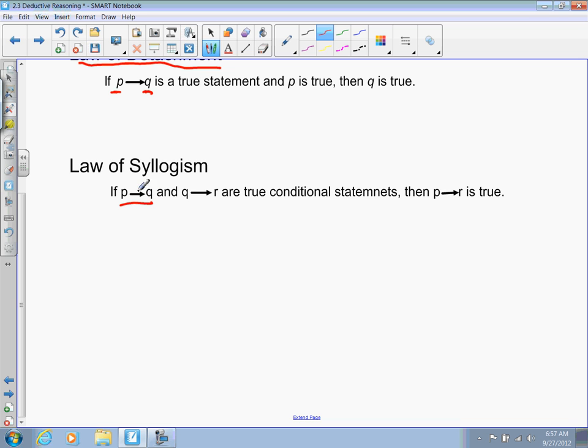If we have school, then this is true. If that's true, this part has to be true. And the law of detachment says if that part's true, R is true. So basically, we're skipping over the Q part, that we have school, and jumping right into we have hot lunch. We're simplifying these two statements into one statement. But they both have to be true conditional statements in order for that to work.